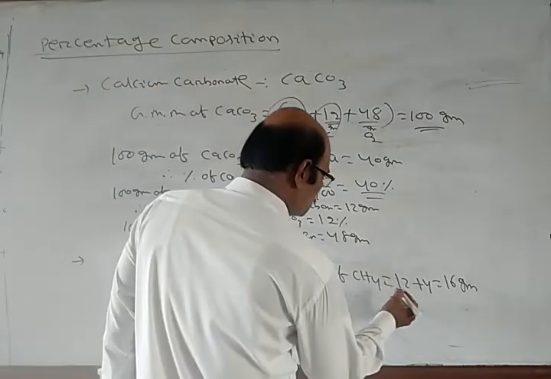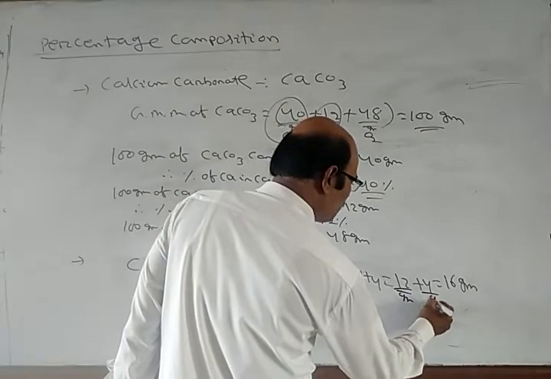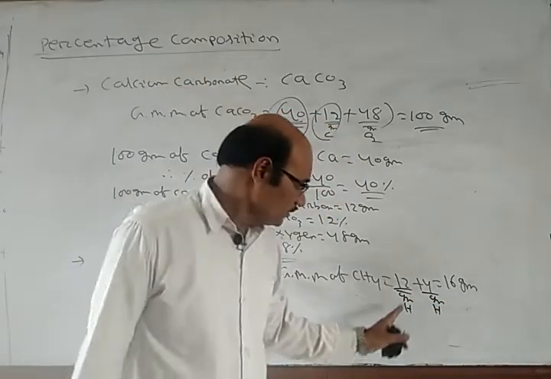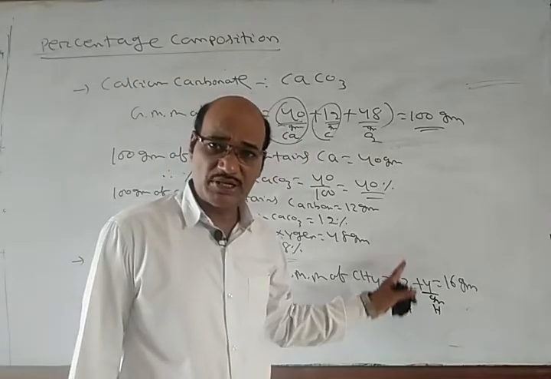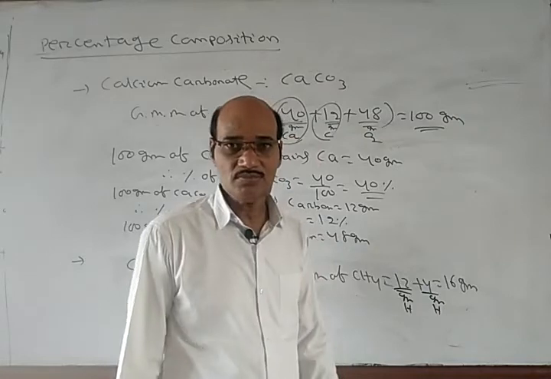So 12 gram of carbon and 4 gram of hydrogen. 12 gram of carbon is present in 16 gram of methane. Okay.